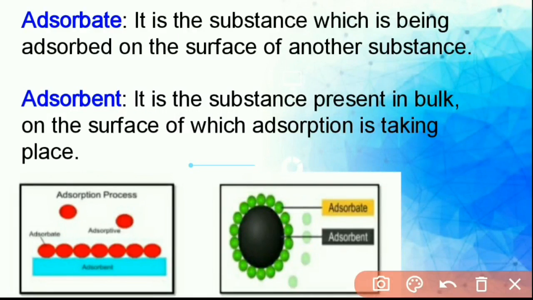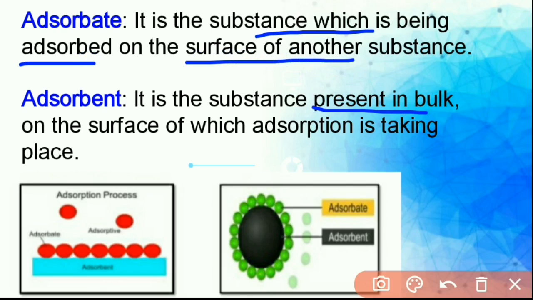The next important term is adsorbate. It is the substance which is being adsorbed on the surface of another substance. Next, adsorbent. It is the substance present in bulk on the surface of which adsorption takes place. See the diagram, we can easily understand with this picture. Here, red molecules accumulate on the surface of the blue colored substance.